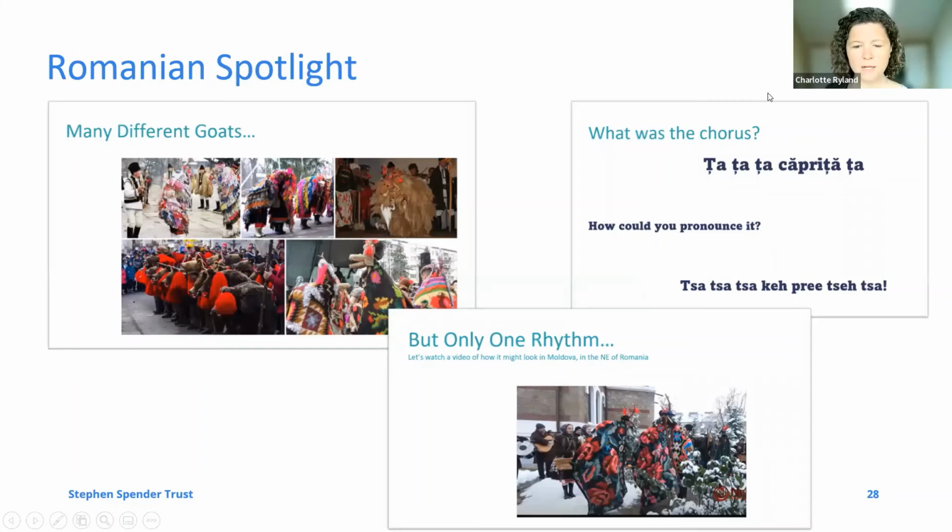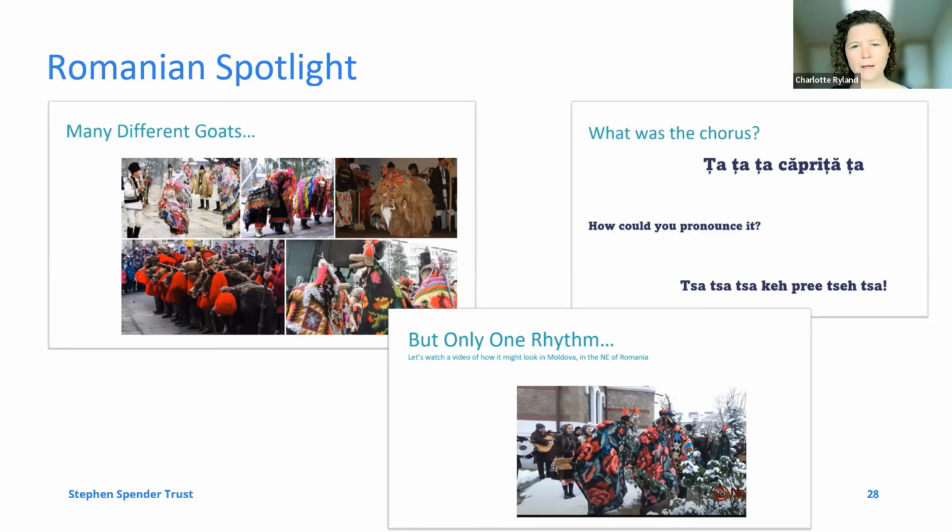This year we're working with Romanian, and our translator Marina Sofia developed this workshop, which is all about a New Year tradition in Romania called the goat dance. You can see here we have our image board, getting them introduced to the context, and then gradually we move towards some words.